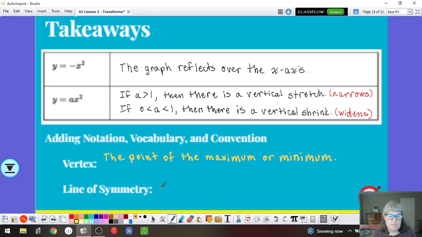The line of symmetry is the vertical line that passes through the vertex. And what it does is it makes each side of the graph the same.